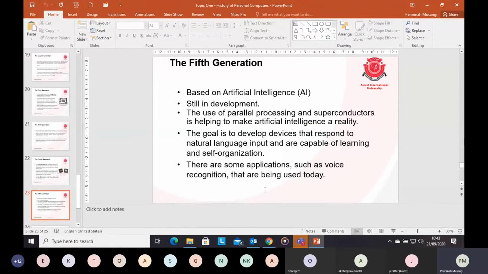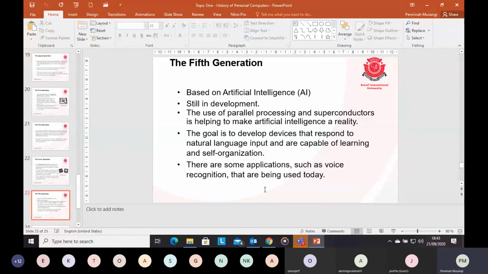And we said, when we were looking at the years of these generations, that the fifth generation is where we are today. And I bet you know that the computers of today, the ICT tools of today, somehow have the intellect of a human being.